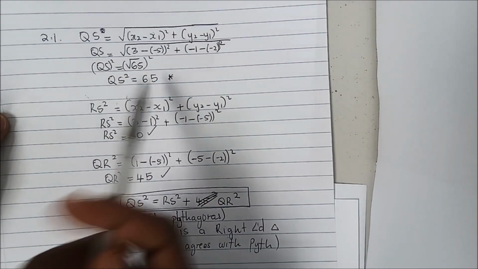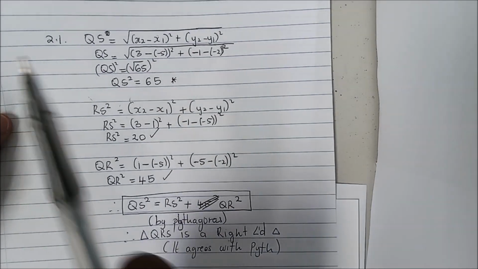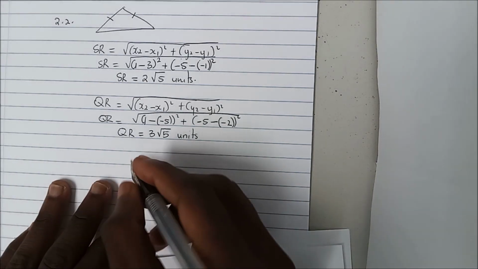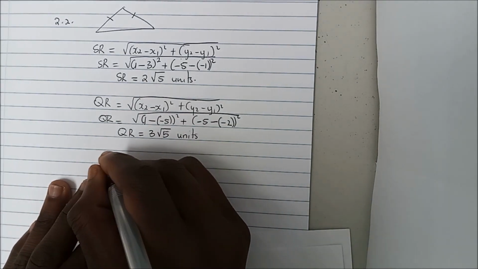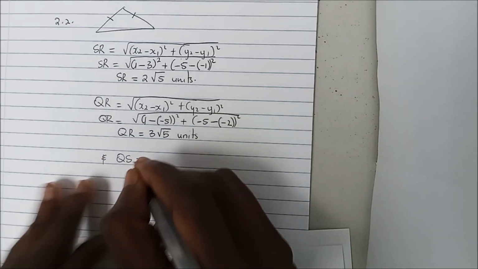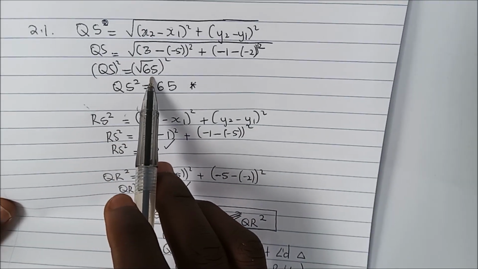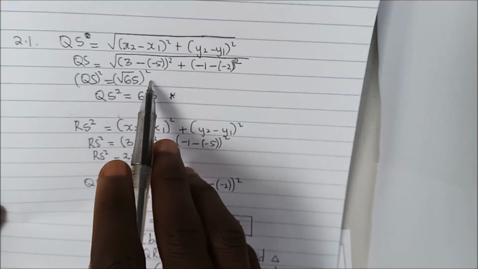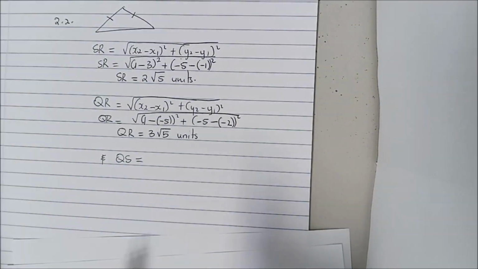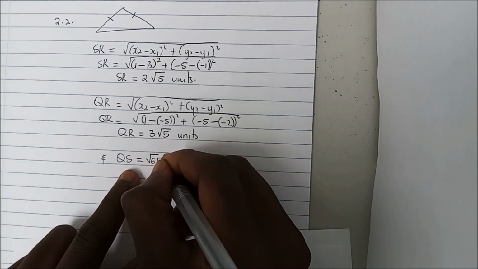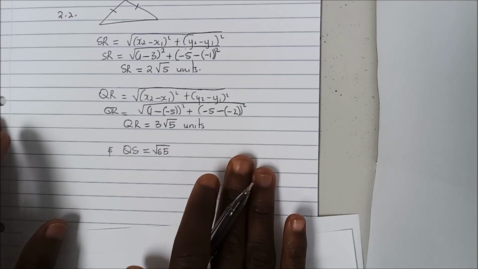We could have just taken the length as they are, but no problem, no stress. We can calculate. For the last one, I don't think it's necessary, because we already calculated it. So the last one, QS, was the square root of 65. So it was not necessary to calculate all these lengths, because we did that already.